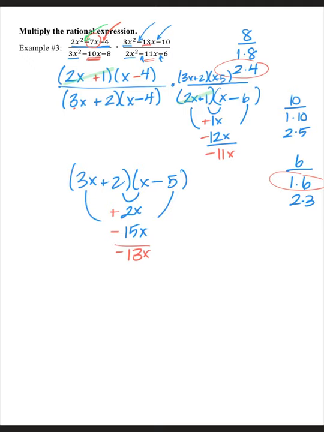I have a common x minus 4 binomial and a 3x plus 2 binomial. So my remainder factors, my two binomials that are left, are x minus 5 and x minus 6. Now, since I don't have the exact same binomial in the top and the bottom, this is going to be my reduced ratio.